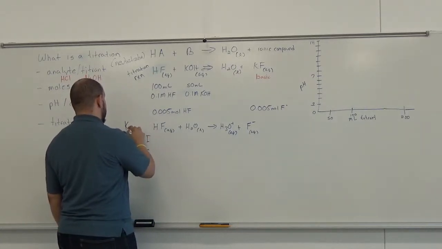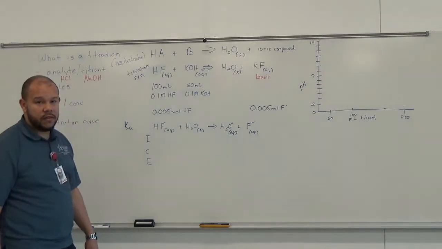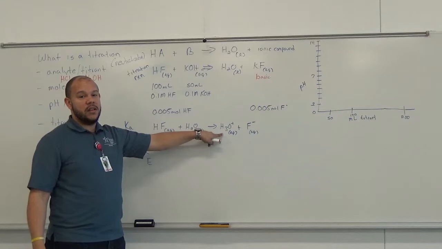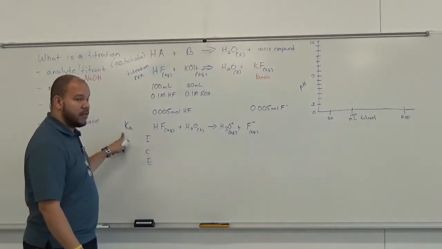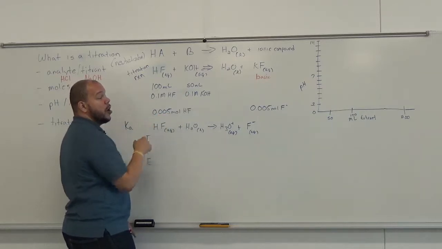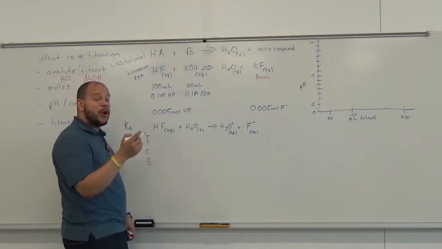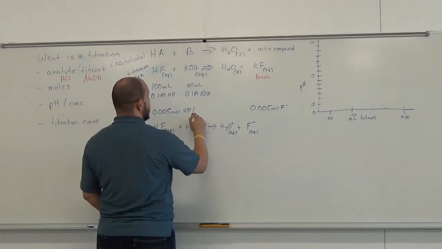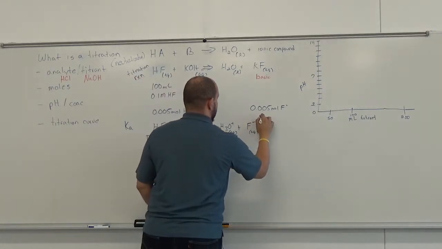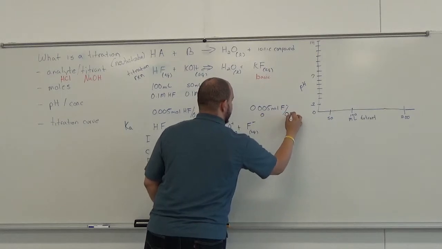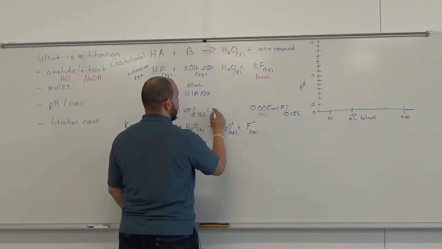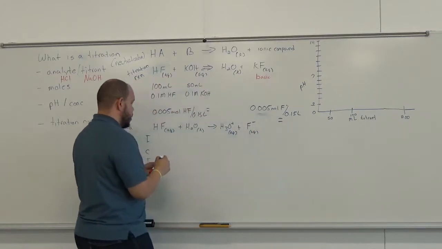As long as we know the Ka for HF, we can determine the hydronium concentration as a function of Ka using the ICE table, because now we know the number of moles of each of these. More importantly, we need the concentration, so we need to divide by 0.15 liters.